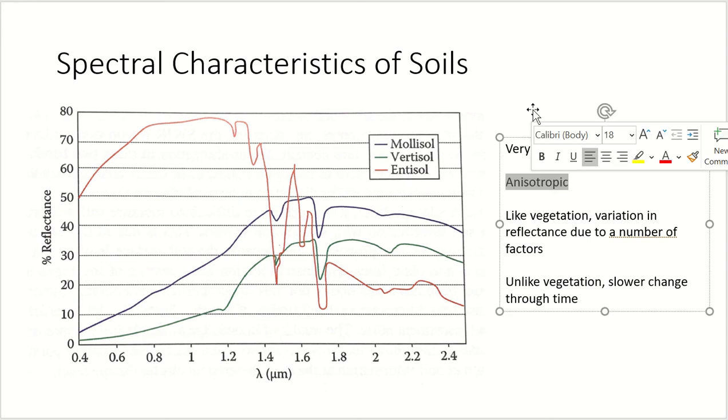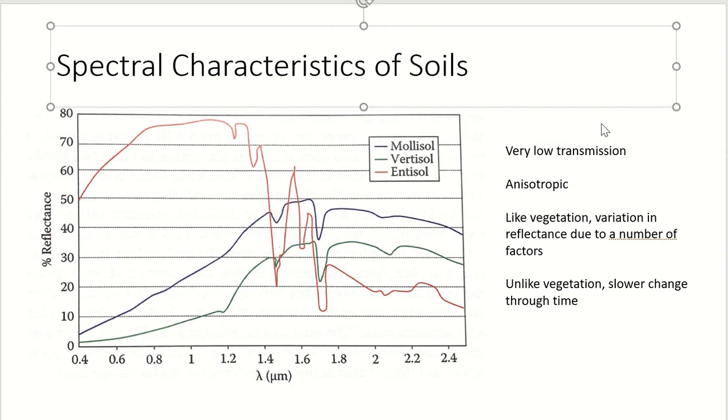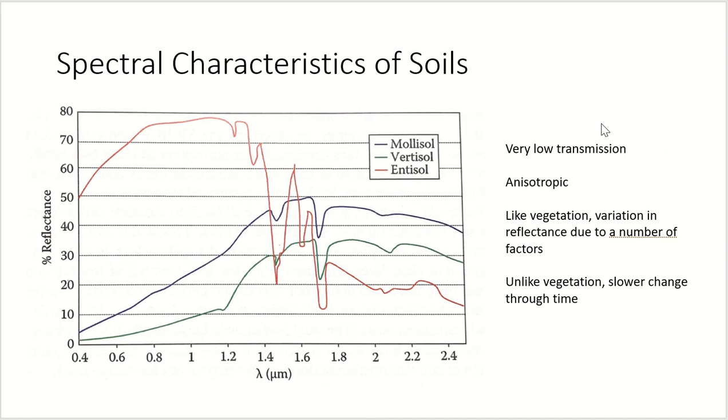The other thing I mentioned here, it's anisotropic. Anisotropic means that it will interact with light differently on the basis of the direction. So that could be the orientation of the sun, the material itself, so kind of the grain, and the way the sensor's viewing it.